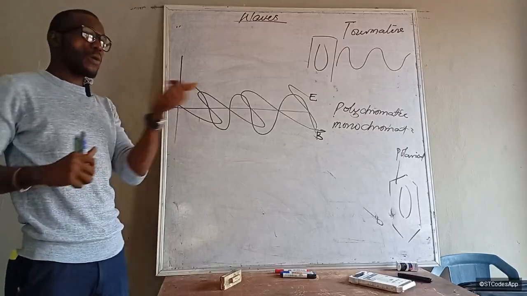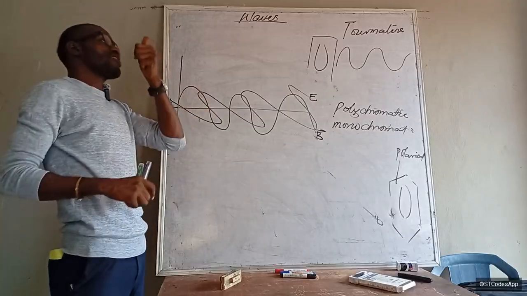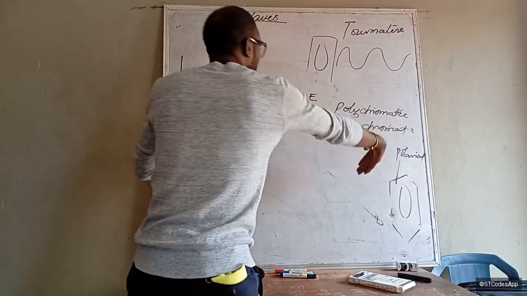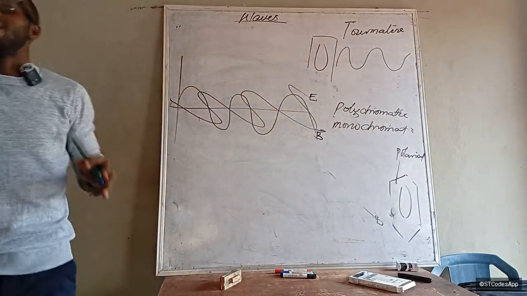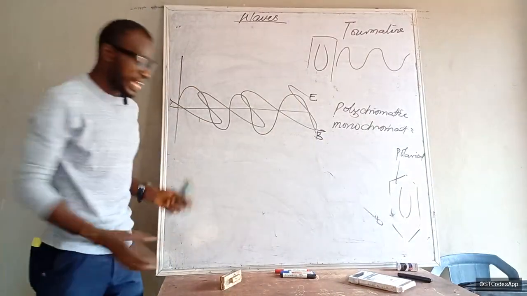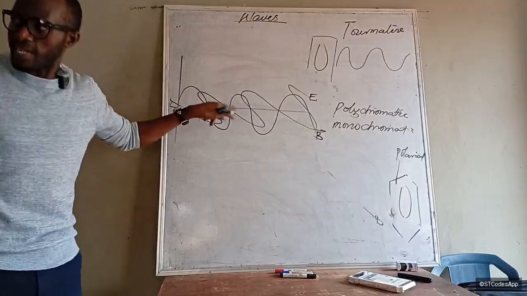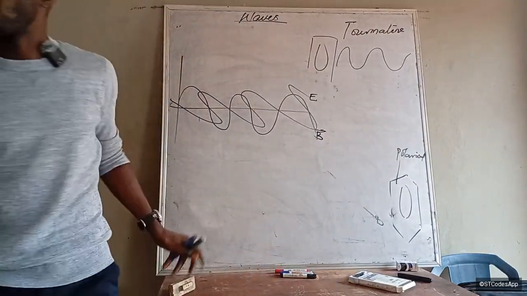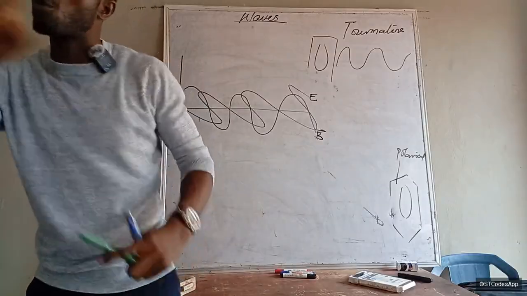So if interference must happen with this wave, then I need another wave having both electric field and magnetic field in this orientation. So it's hard to cause interference here. For me to cause interference, I need to polarize it. Polarize means make one wave pass through.